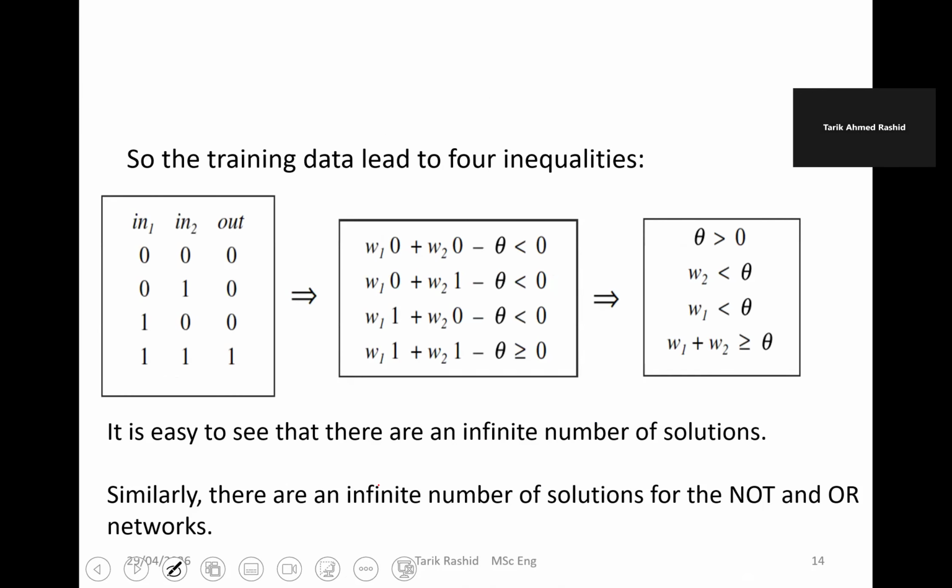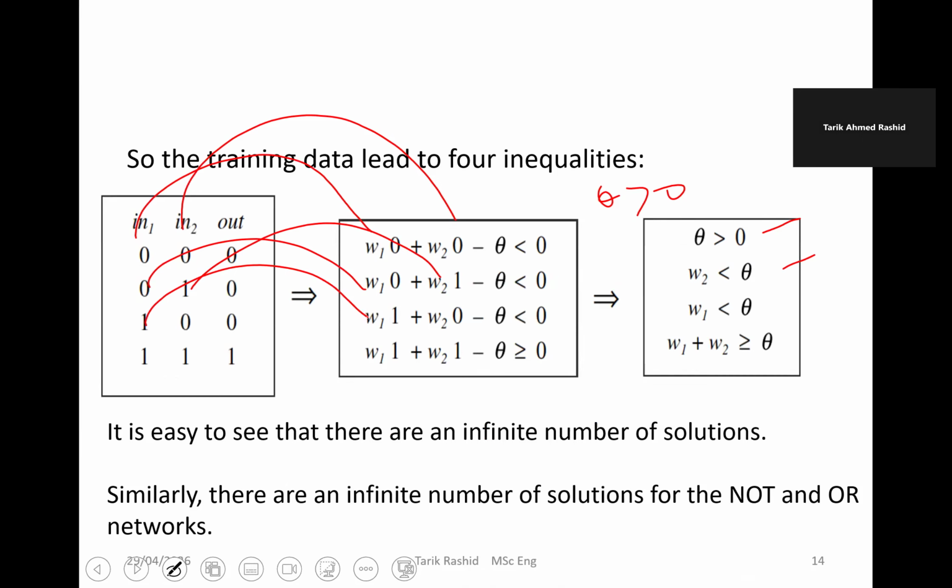So let's plug in the inputs. 0 multiplied by W1, that's 0 W1, and 0 multiplied by W2, 0 W2, minus theta. Take theta to the other side, it will be theta greater than 0. And likewise, 0 multiplied by W1 and 1 multiplied by W2, and that's how you get these two equations.